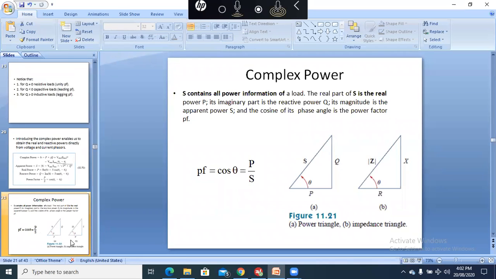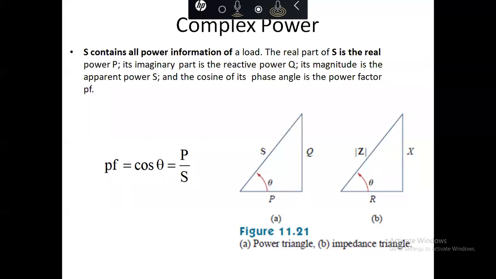So that is the power triangle. We have the real power, the reactive power, and the apparent power, right?